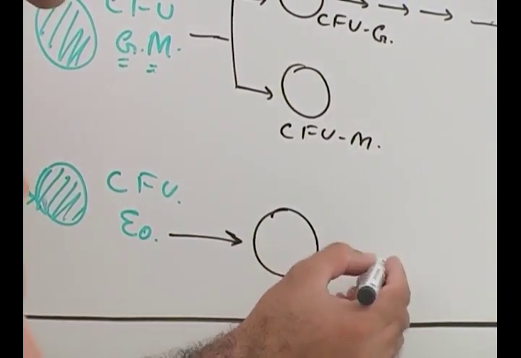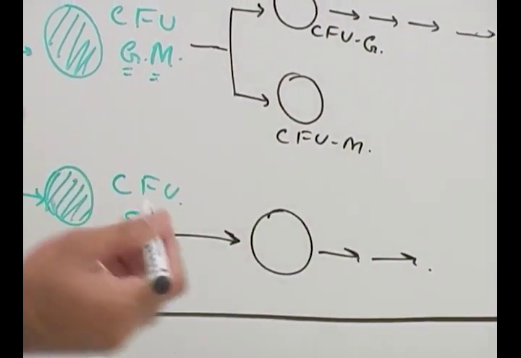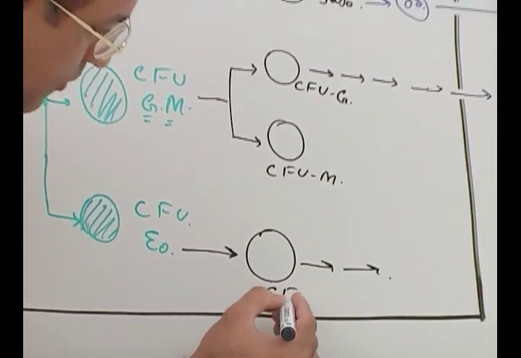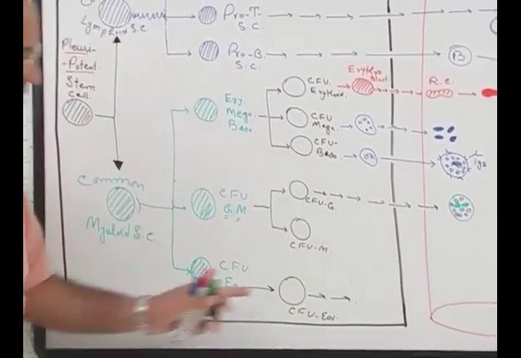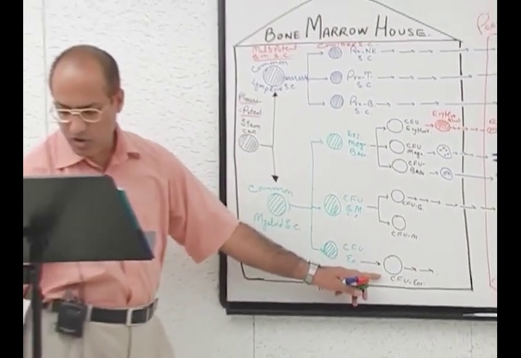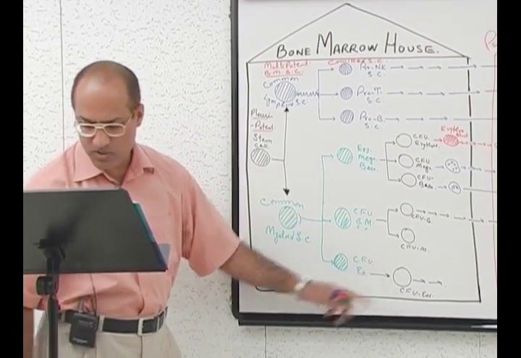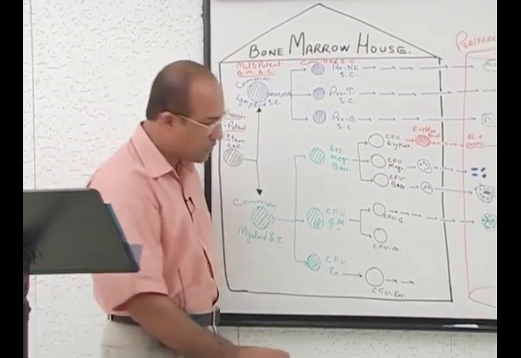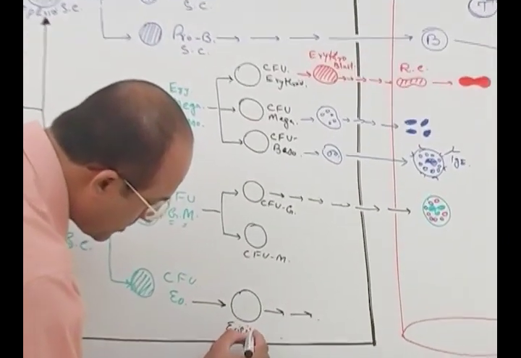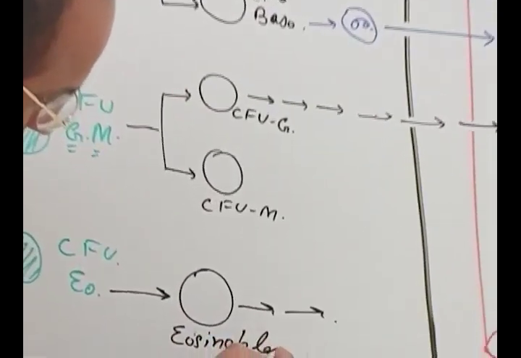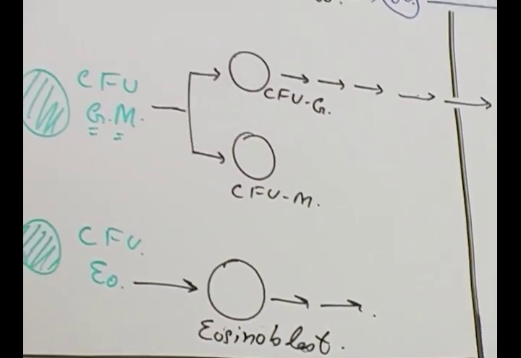What is this called? Okay, corrected, this is not a colony forming unit. This is basically eosinophiloblast. Eosinoblast, is that right?